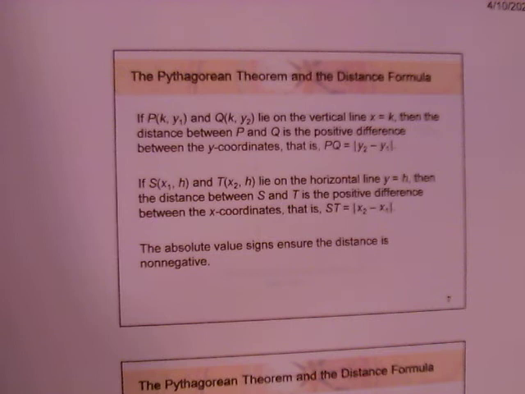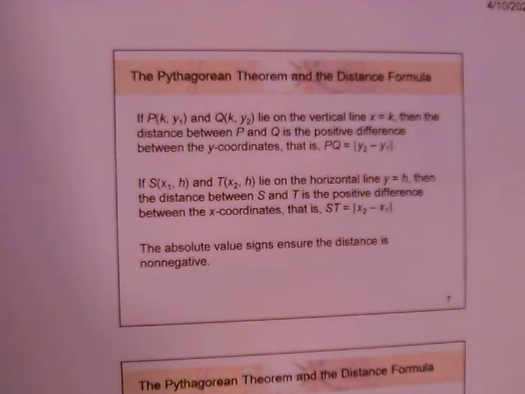If S has the coordinates (x1, h) and T has the ordered pair (x2, h), and they lie on the horizontal line y = h, then the distance between S and T is the positive difference between the x coordinates. That is, ST is the absolute value of x2 minus x1.